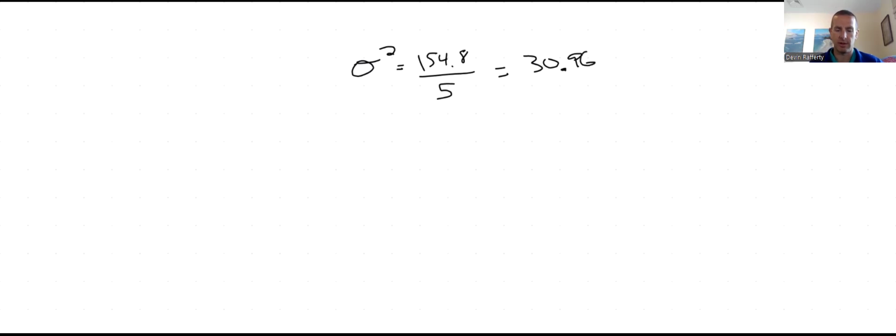So sigma squared is equal to 154.8 divided by 5, which gives us 30.96 for sigma squared.